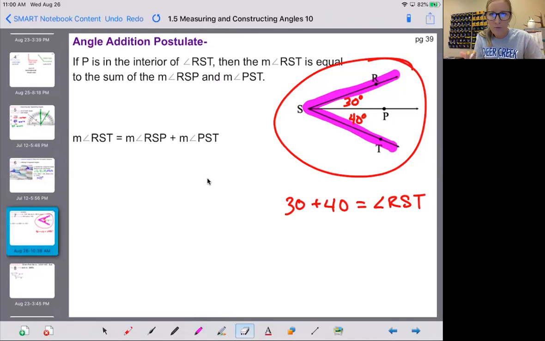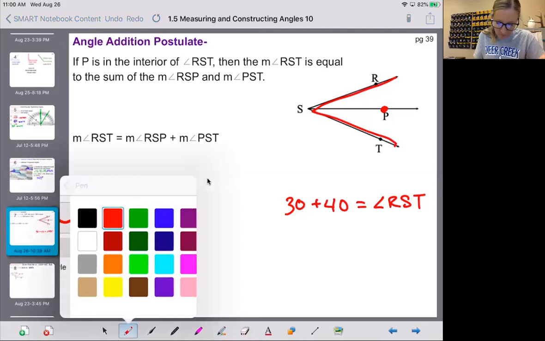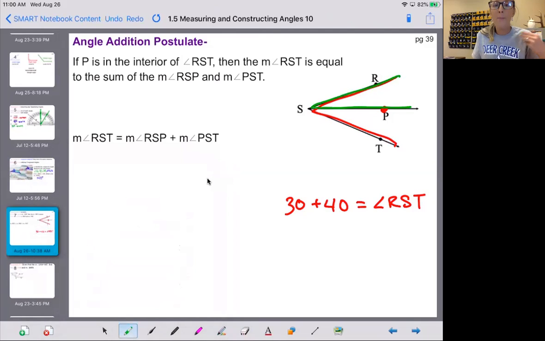It makes it a lot more confusing because they put all these letters and symbols in there. So let's see if we can follow it now that we already know what it's talking about. It says, if P, so point P right here, is in the interior, if it's inside of angle RST, then the measure of RST, so that big angle, equals the sum, remember sum means to add, of RSP plus PST.